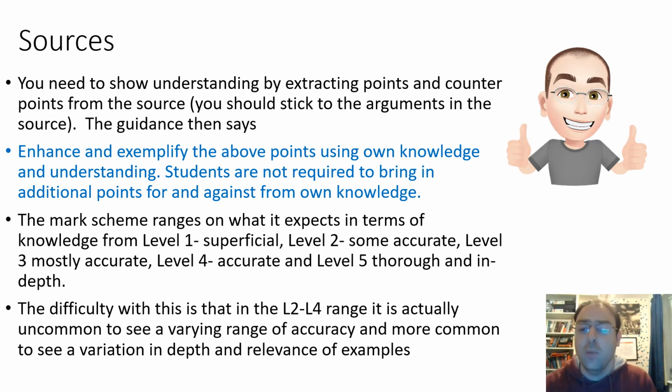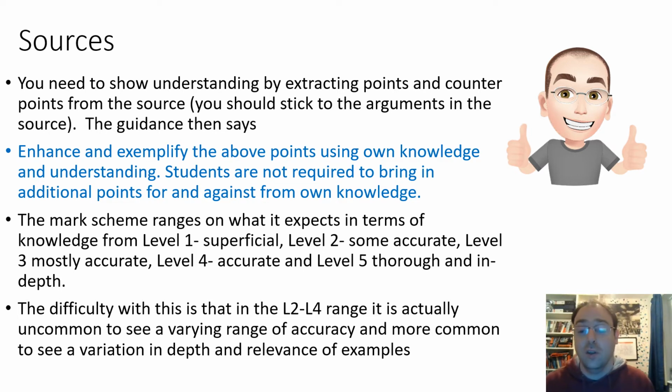In the middle, we've got where most people end up, which are levels 2, 3 and 4. What it tells us is level 2 is some accurate understanding, level 3 is mostly accurate understanding, and level 4 is accurate understanding. Well, accurate doesn't really tell us about the important bit which ends up differentiating most people's marks, because someone can write something that's completely accurate, there's just not very much of it, and that isn't going to get you level 4.